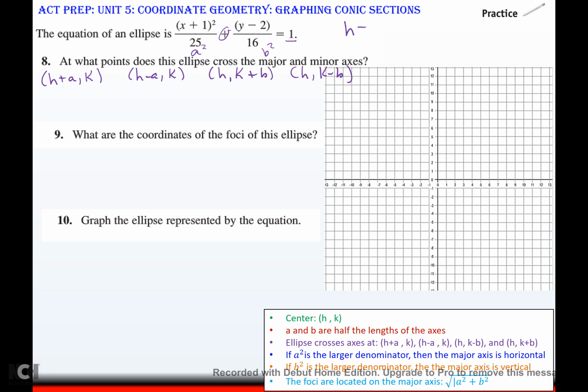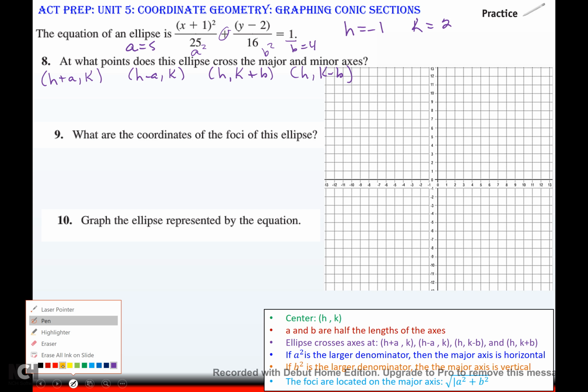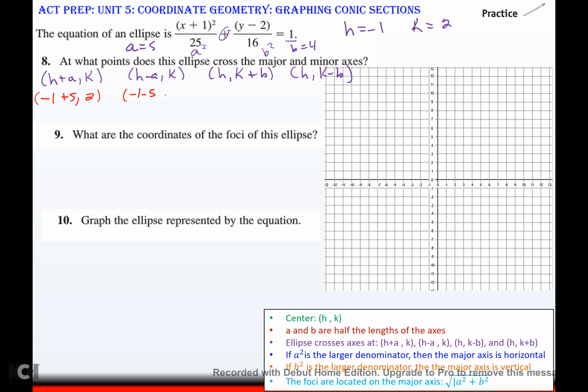Alright, my h is negative 1, my k is positive 2, a would be 5, b would be 4. If a squared is 25, then the square root of that would be a, which is just 5. So I'm going to have my h, which is negative 1, plus 5, comma, my k is 2, negative 1 minus 5, comma 2.